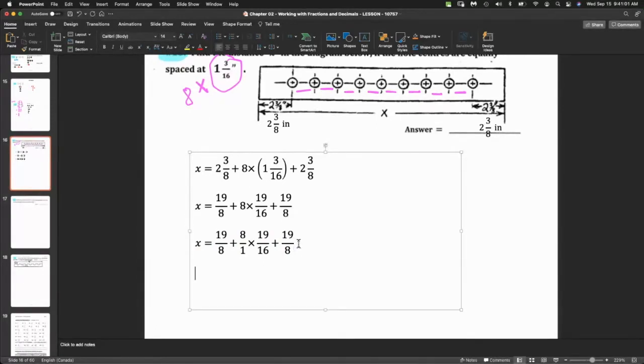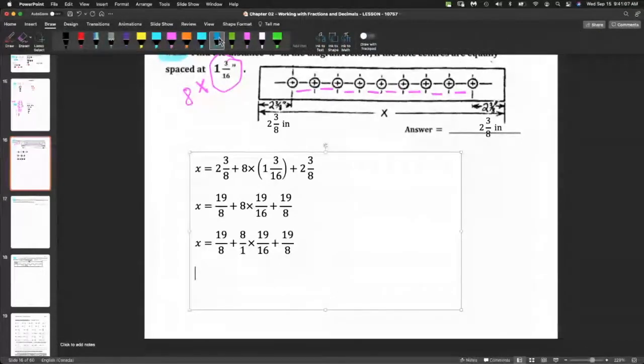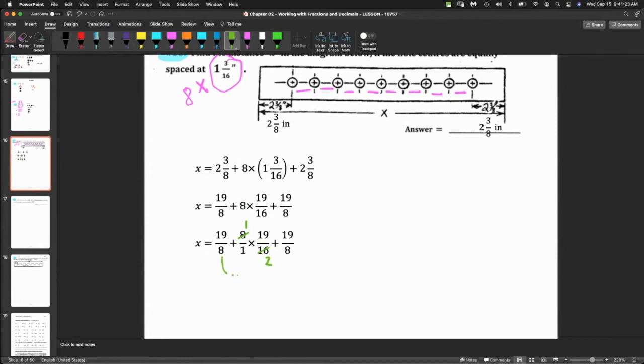This time, I'm going to actually use a shortcut in terms of reducing the fraction instead of multiplying large numbers. So you see this 8 here and the 16, I'm going to reduce it to make it 1 and 2, that's fine. A smarter play would be to make the bottom 8, because you see that we have addition coming up later.